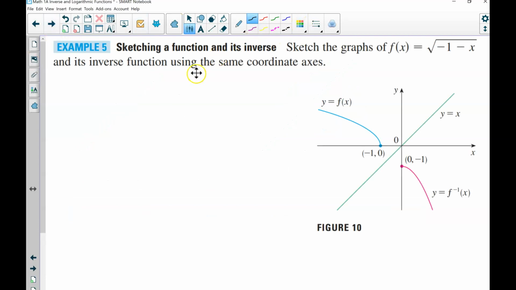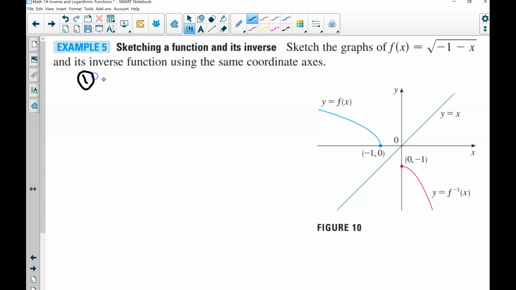Okay, now in example number 5, we're sketching a function and its inverse. So we sketch the graphs of f of x is equal to the square root of negative 1 minus x and its inverse function using the same coordinate axis. Okay, so let's go ahead and find the inverse of this function.